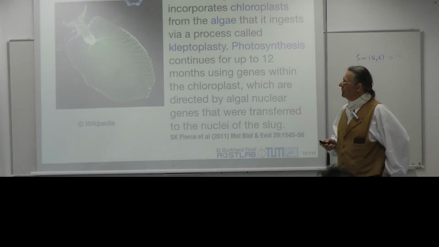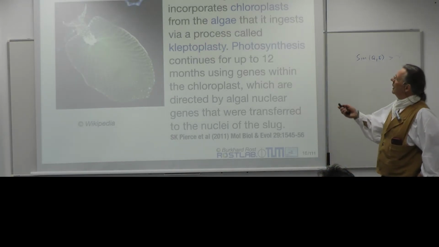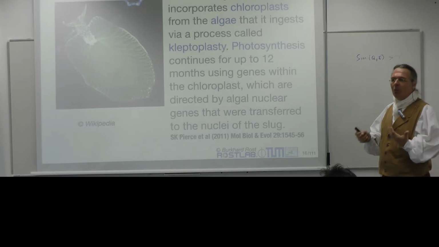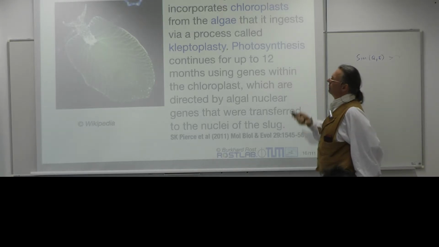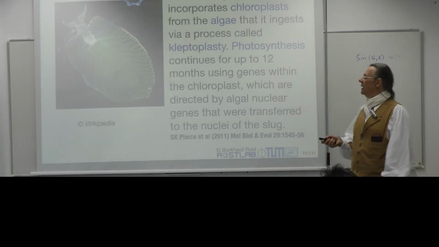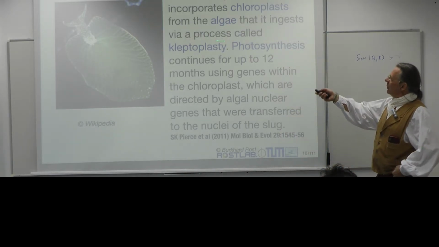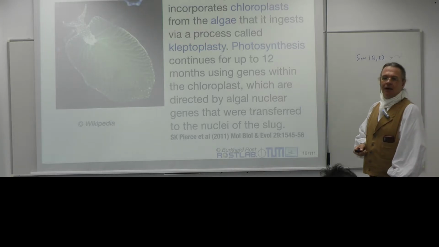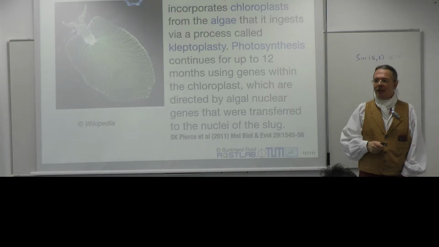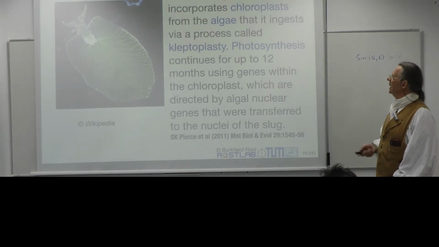So here we have an example of a bacterium or sea slug that in fact gobbles up entire chloroplasts. So these are entire compartments from other species via a process called kleptoplasty. So some of you will know that klepto is a Latin word for stealing, or Greek word for stealing.